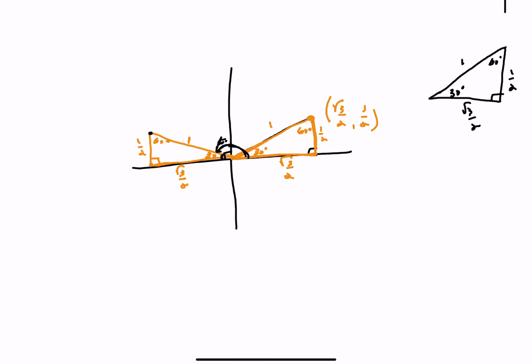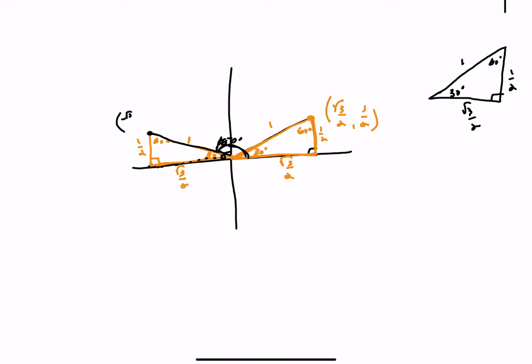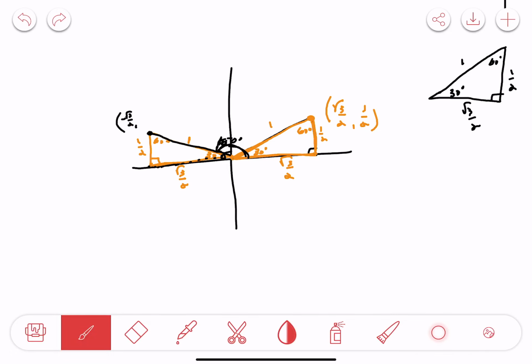So this right here is a 150-degree rotation. That's what this line right here would be. So if I wanted to know the coordinate point at 150 degrees, then I would go left root 3 over 2, so that's negative root 3 over 2, and up 1/2, so that would be positive 1/2.